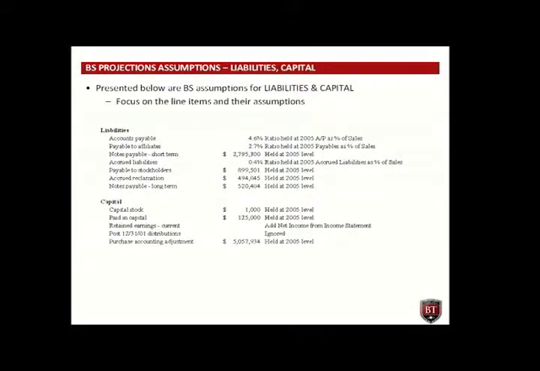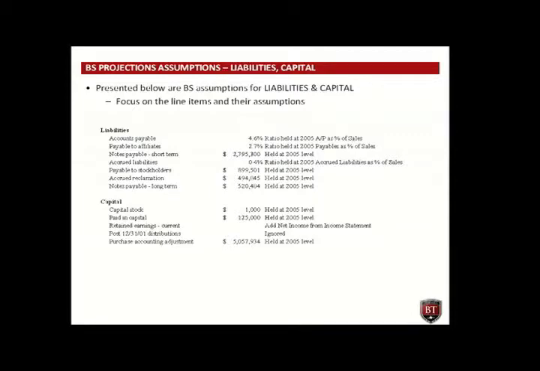Likewise, this page talks about assumptions used for liabilities. So for example, accounts payable is held constant as a percentage of sales. Accrued liabilities are held as a constant. And notes payable makes the assumption that no new borrowings have been happening, and so it's an amount that you decide you want to keep constant.